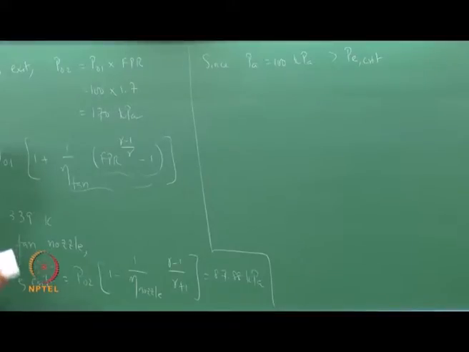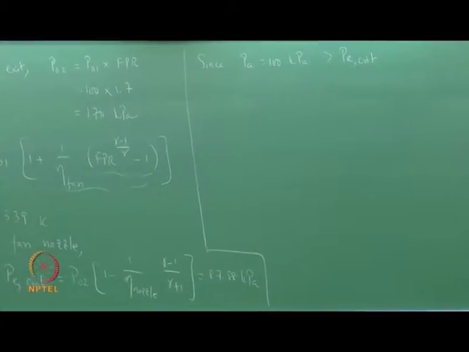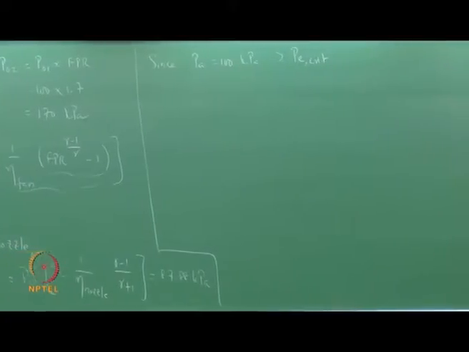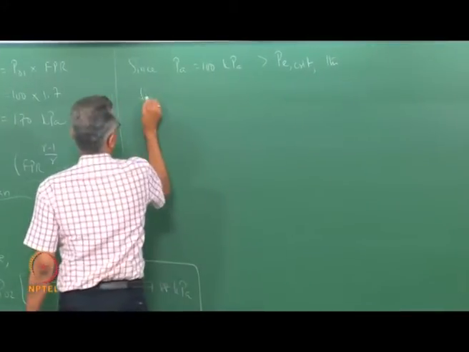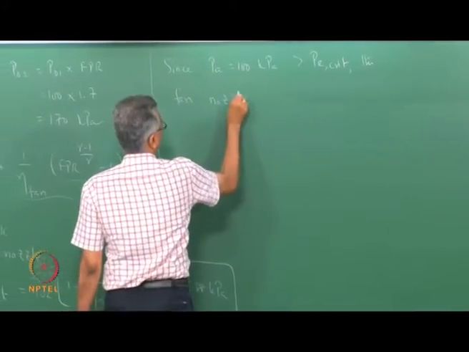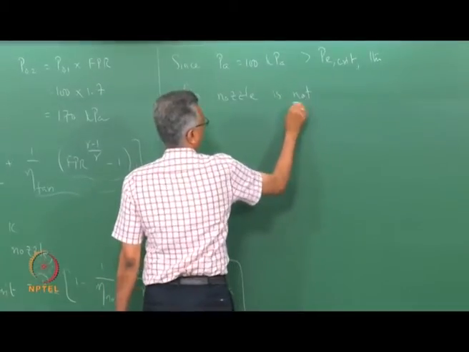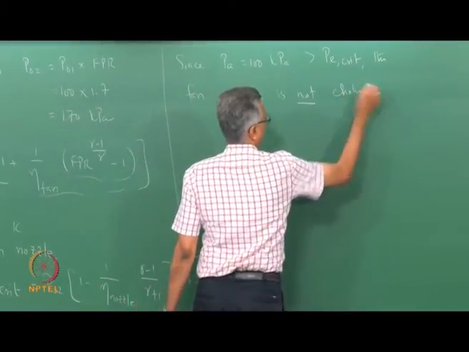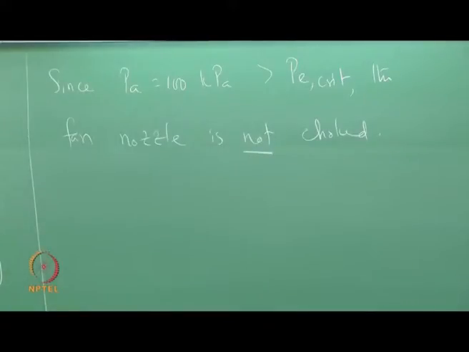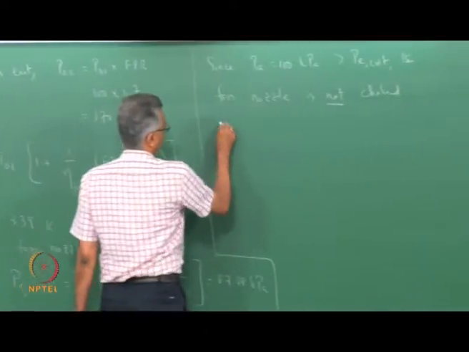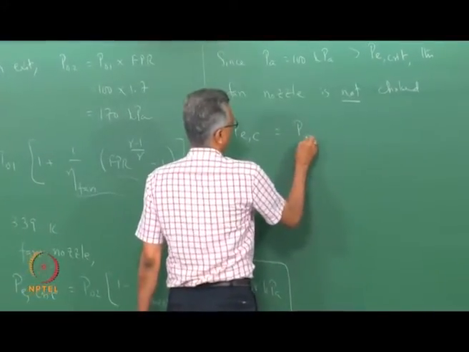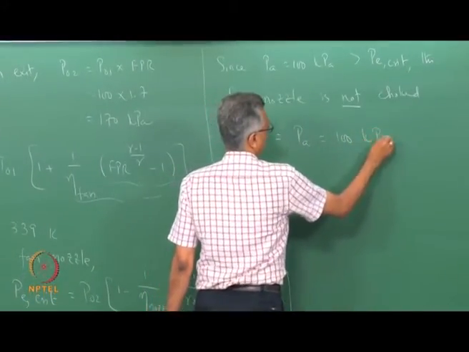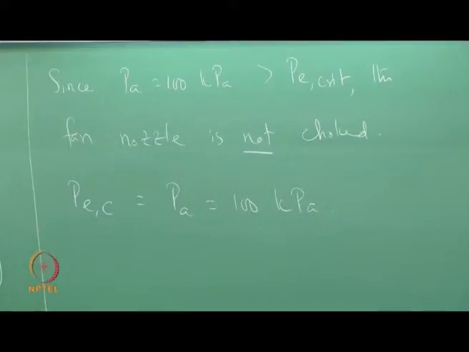This means that the cold nozzle is not choked. Therefore, the exit static pressure for the cold nozzle PEC is equal to the ambient pressure, and that is equal to 100 kilopascal.